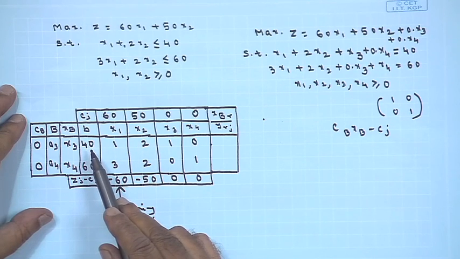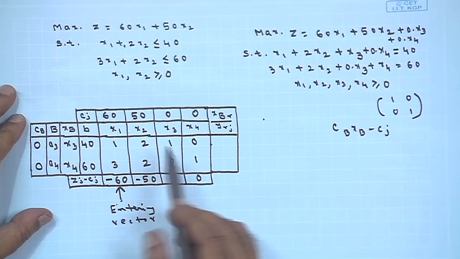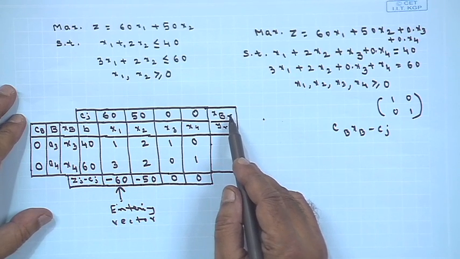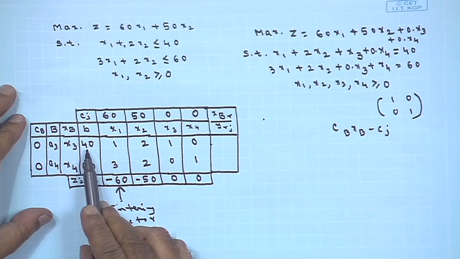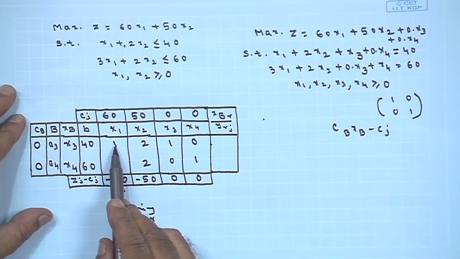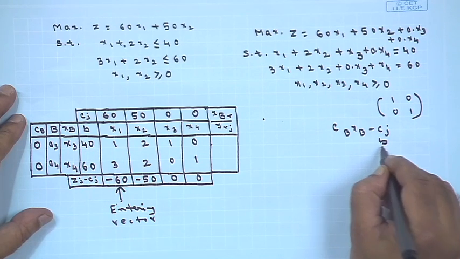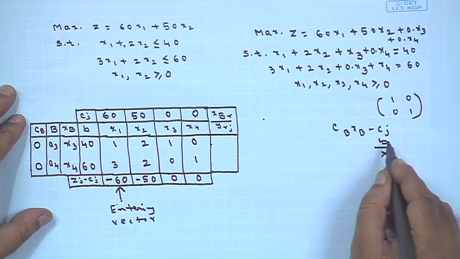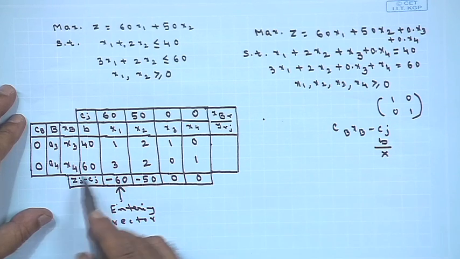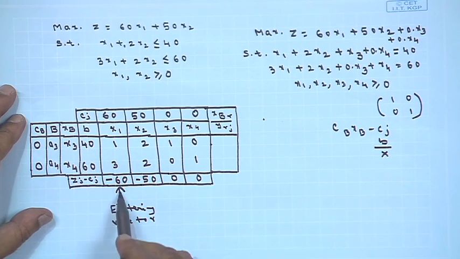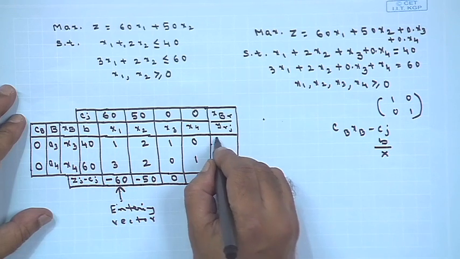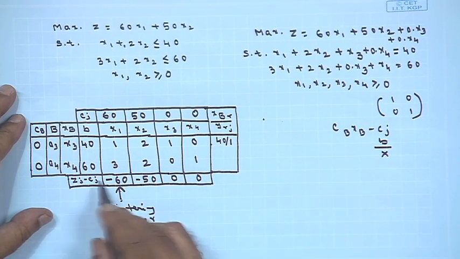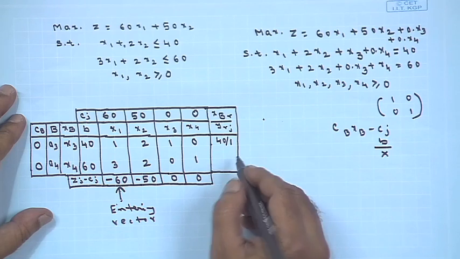Next I have to calculate which variable will depart. For that I have to calculate the ratio. What is the ratio? The ratio is b divided by x, nothing else. Whatever that alpha we have told, here it is b divided by x for this entering variable. So it will be 40 by 1 and in this case 60 by 3.